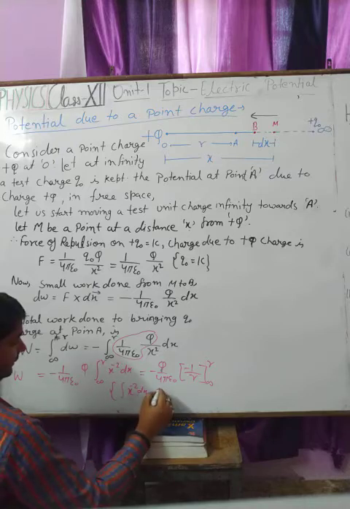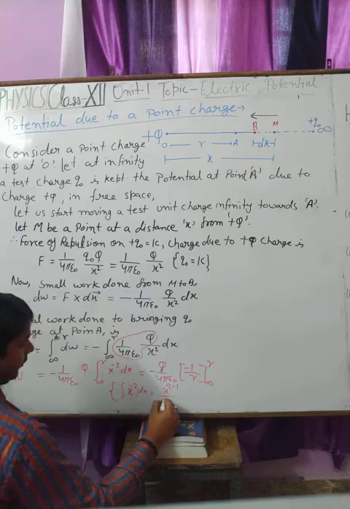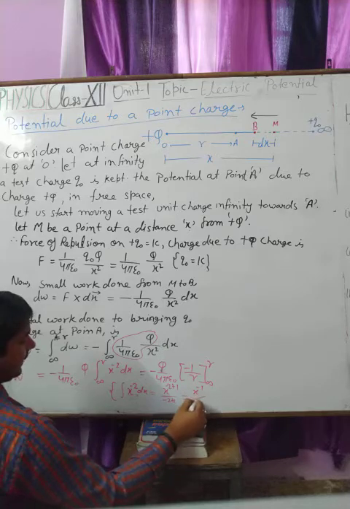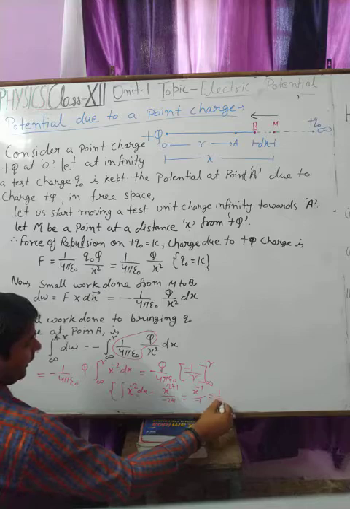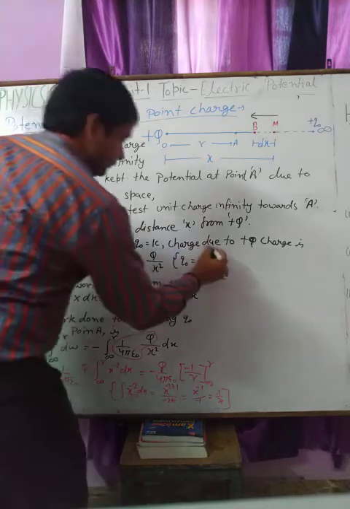The integral of x to the power minus 2 is x to the power minus 2 plus 1 upon minus 2 plus 1, which gives x to the power minus 1 upon minus 1, which gives us the result 1 upon x in negative form.